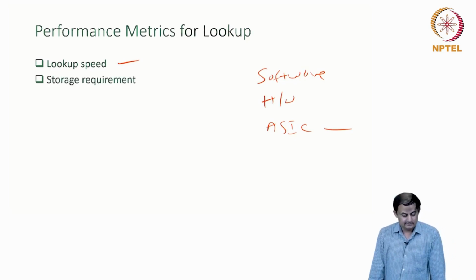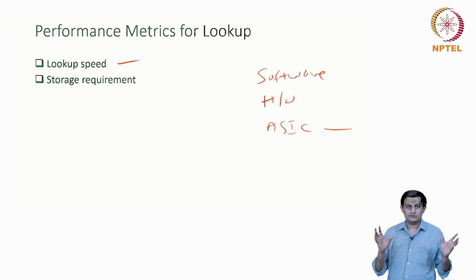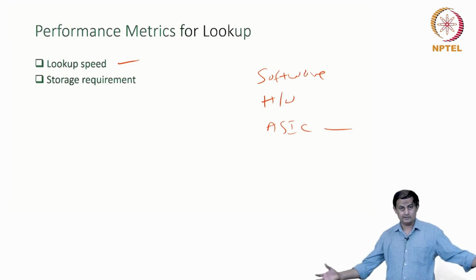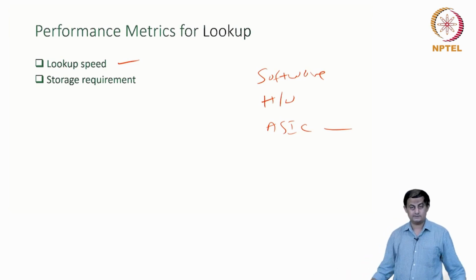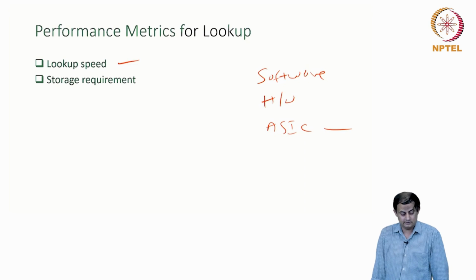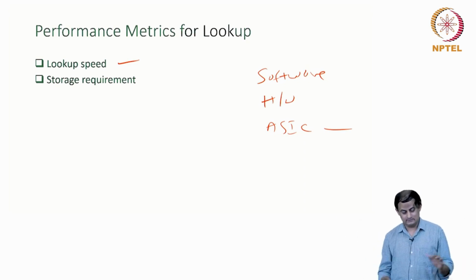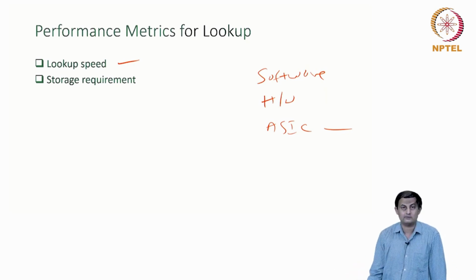And the second thing is how much memory or storage the routing table itself takes. If it is taking too much space, then probably that is not enough. If I have to store the entire 32-bit address in the routing table, then that is going to be a lot.